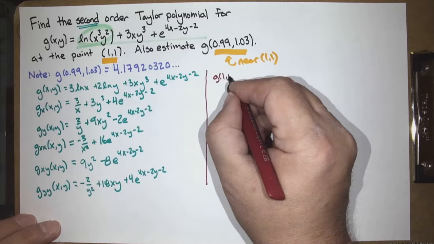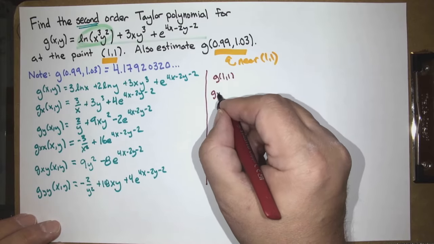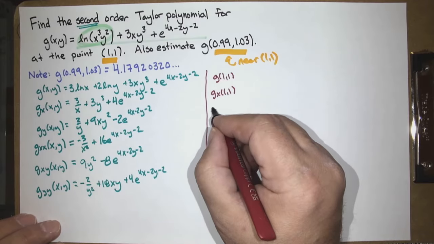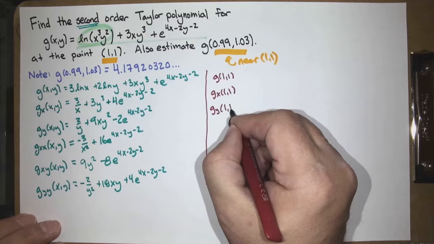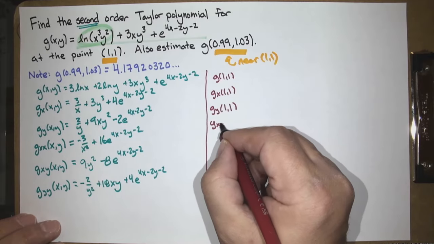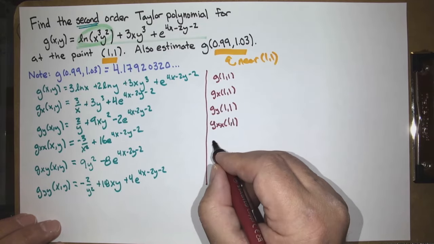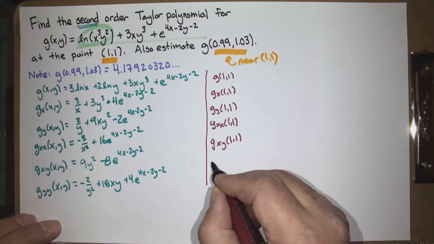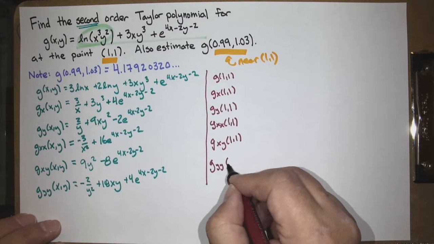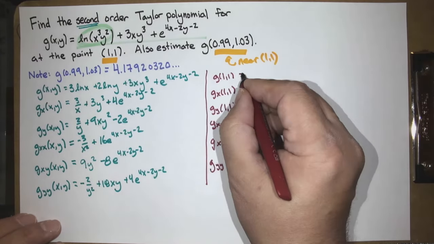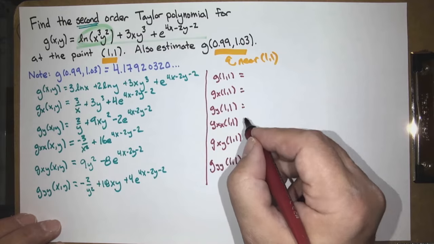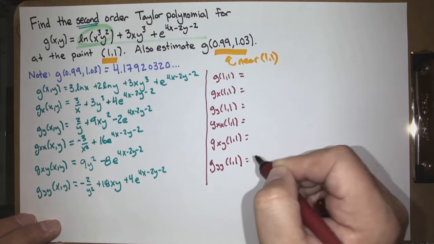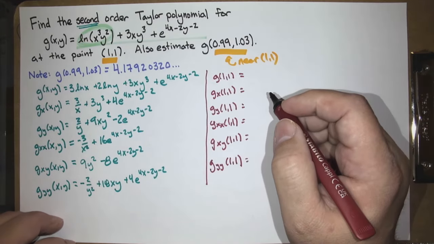So g of 1 comma 1, g sub x at 1 comma 1, g sub y at 1 comma 1, g sub xx at 1 comma 1, g sub xy at 1 comma 1, and g sub yy at 1 comma 1. So we get to do this 6 times. Woohoo! Yeah, that's amazing.